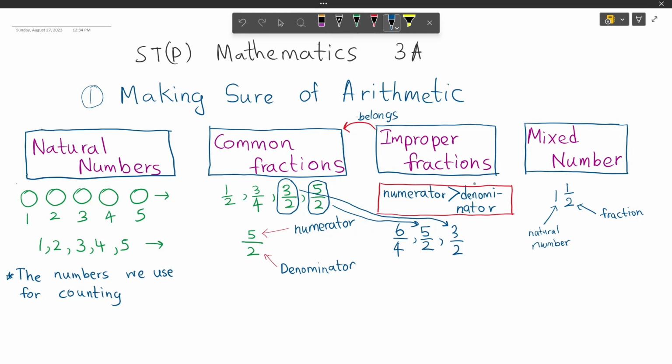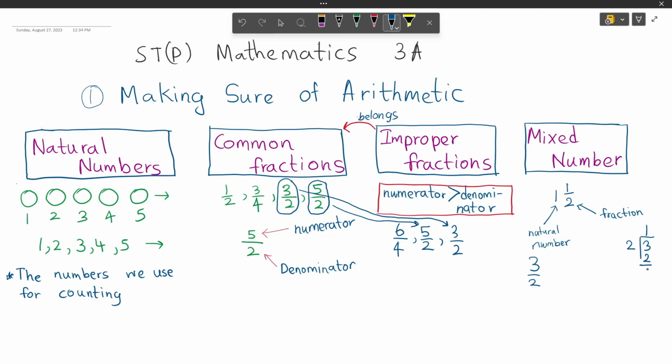We can turn an improper fraction into a mixed number. Let's take 3 over 2. We can divide 3 by 2. We have 1. 2 times 1 is 2. Then we subtract.